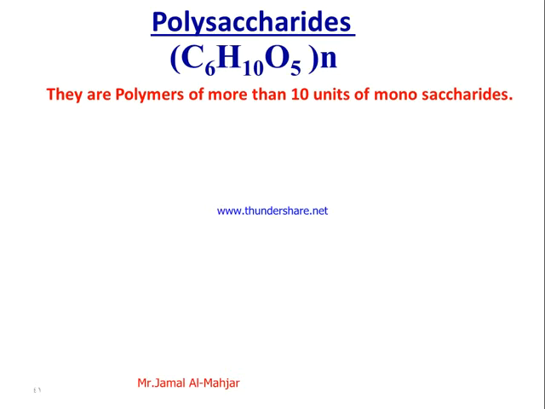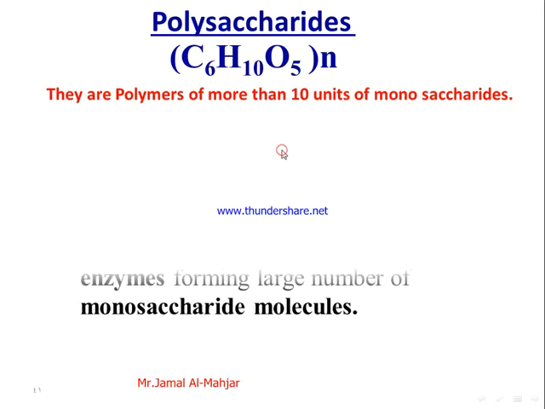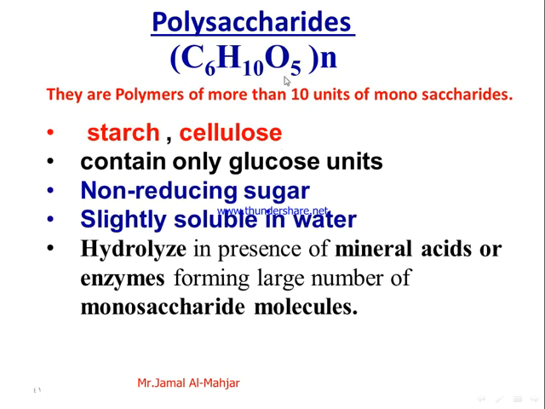So they are polymers, it means many molecules of more than 10 units of monosaccharides. We have two types of them, starch and cellulose. All of them contain only glucose units. So the monosaccharide here in starch and cellulose is glucose.